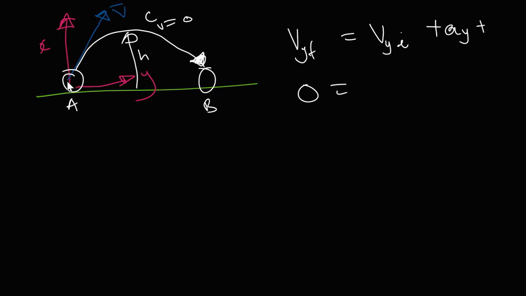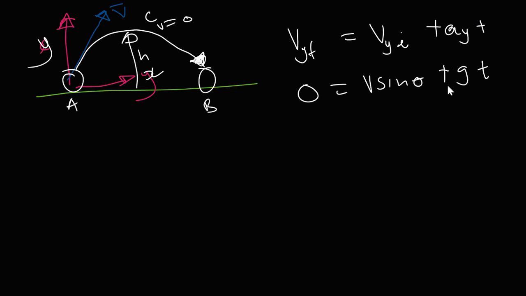Then your v initial, we're not looking at the velocity that was given as v initial, but at the y component of the velocity, which is the opposite side, so it's going to be v sine theta, plus acceleration g, 9.8 along the y, and time.